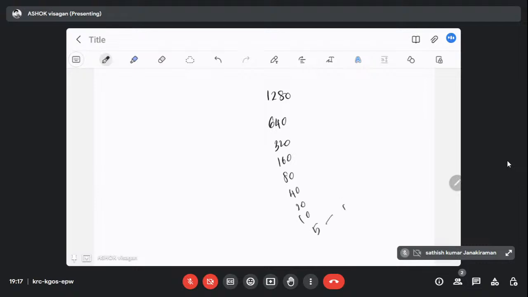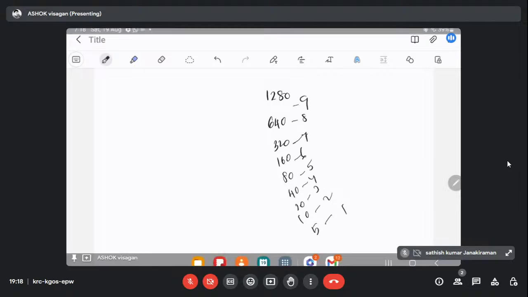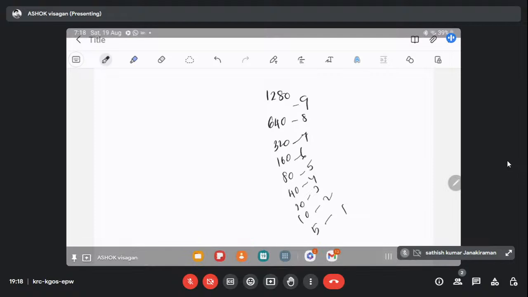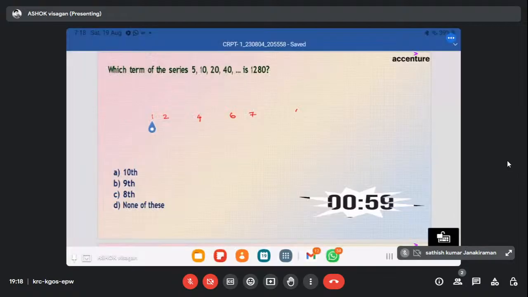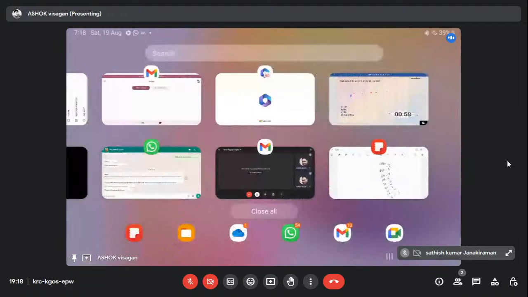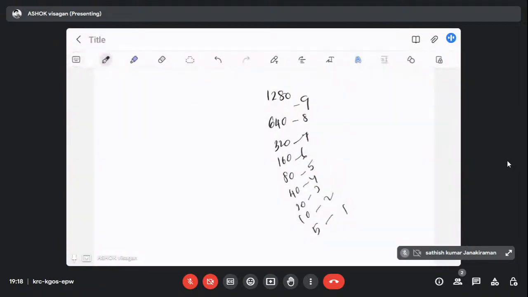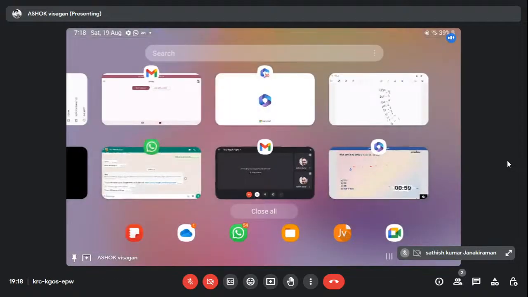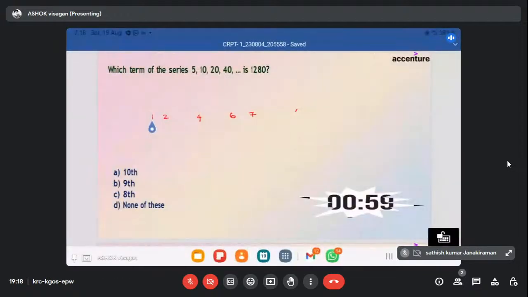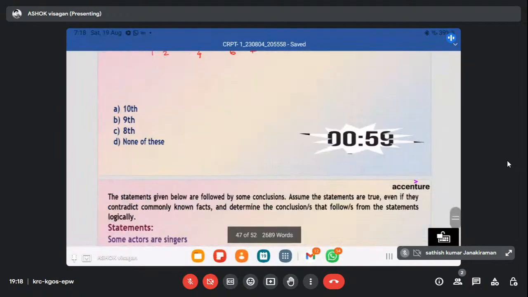If you take 5 as the first one, then 2, 3, 4, 5, 6, 7, 8, 9. So 9th term. First term is 5, second term is 10, third term is 20. And as per this logic, 1280 is nothing but the ninth term. The answer is the ninth term for this question.